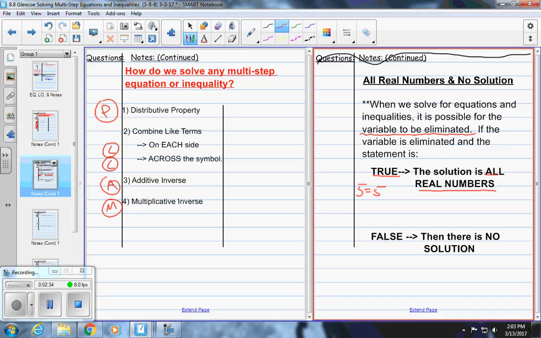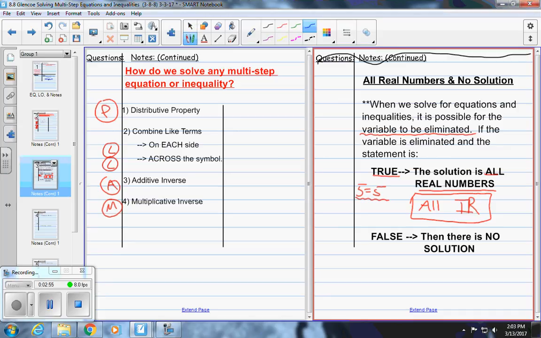And we have a way of writing that. We'll write the word all. And then this is actually a way of writing real numbers. It's kind of like an I and an R connected there, and that's the symbol for all real numbers. So that's what our answer will look like if the variable has disappeared and we end up with a true statement on the final line.